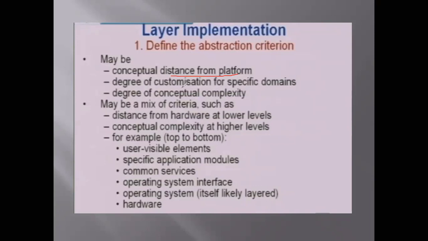And there is a degree of customization of specific domains, and there may even be a mix of criteria, just like distance from hardware at lower levels. So we can imagine an OSI layer where the physical layer performs some hardware kind of task, whereas the upper layer, the application layer, will be interacting with the user. So it's a high conceptual complexity.